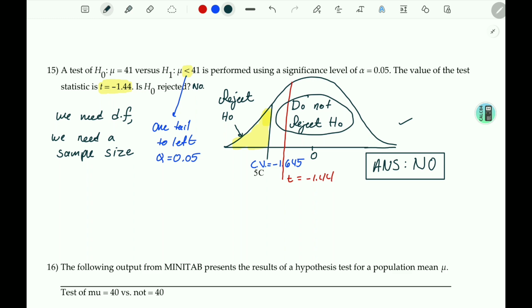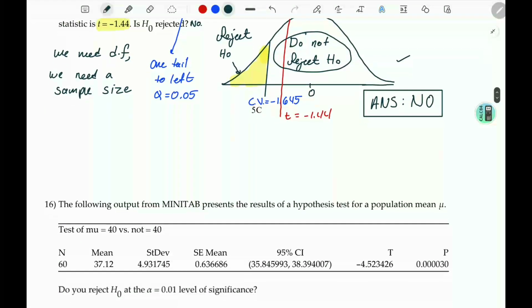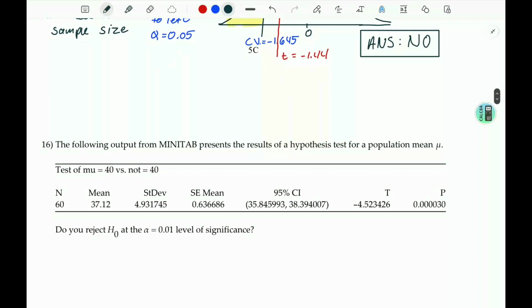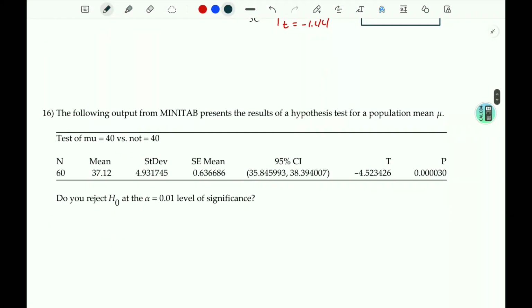Number 16. It says the following output from the Minitab presents the results of a hypothesis test for a population mean of mu. Here is our Minitab. Do you reject the null hypothesis at the alpha level of 0.01?